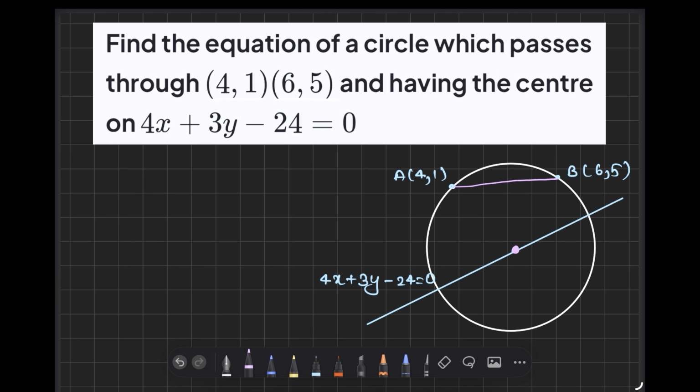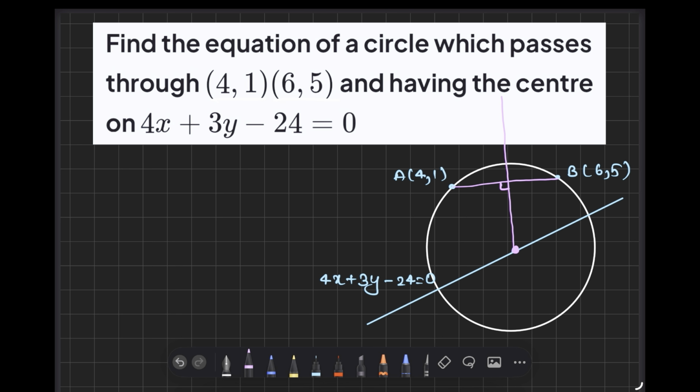Don't you think that if from this point we drop a perpendicular on the chord, the chord will be bisected? Do you remember in class 9th or 10th we studied this property: a perpendicular drawn from the center of the circle to any chord bisects the chord, right? So first try to understand this part.